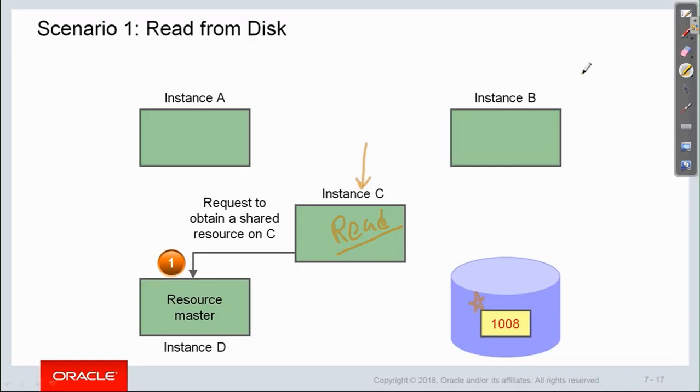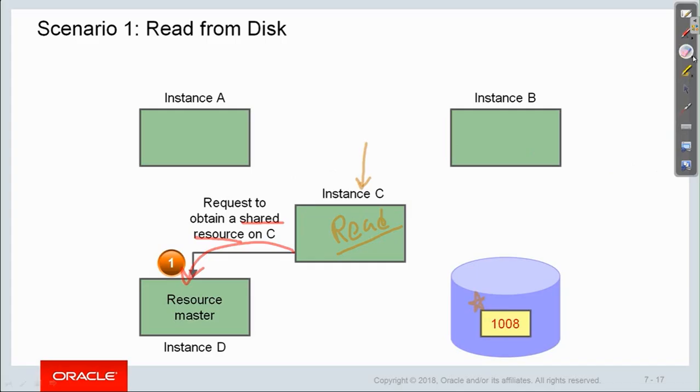In order to read the block, we need a shared current resource buffer state. So instance C can easily find the current location of the master instance and send the request: I need a block that is managed by you, can I get the block owned by you? That is the request.